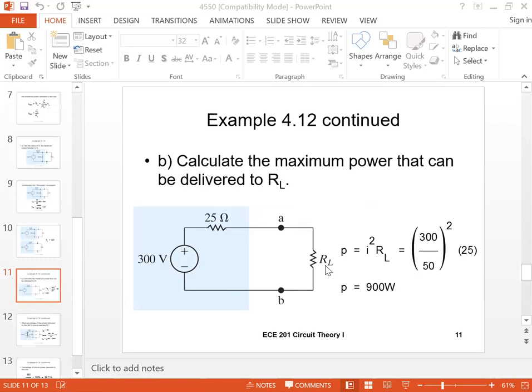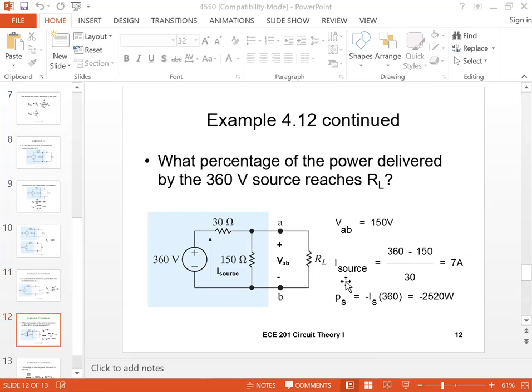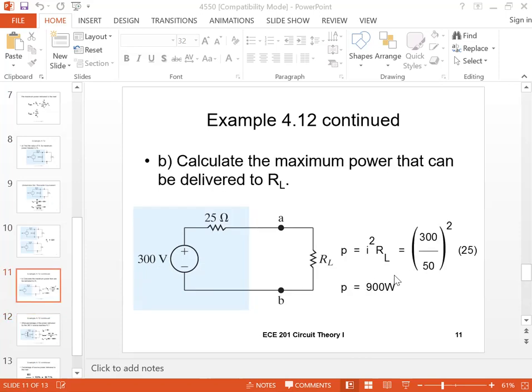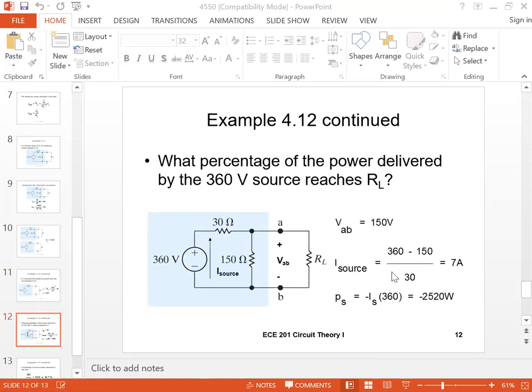At RL equal to 25, the current is the same, and if RL is greater than this, again the current will be different. And the formula for the power is VTH divided by RTH plus RL, squared, into RL.